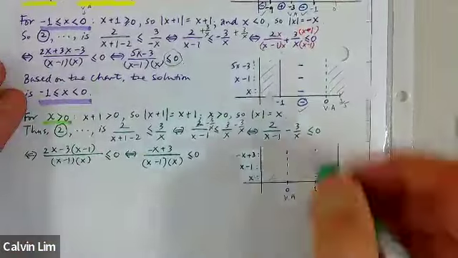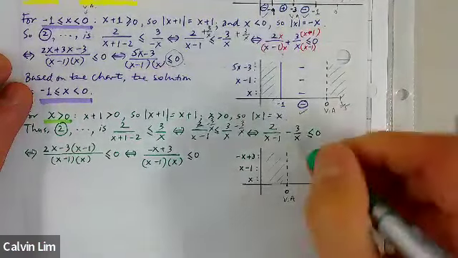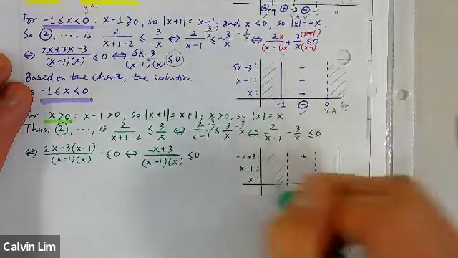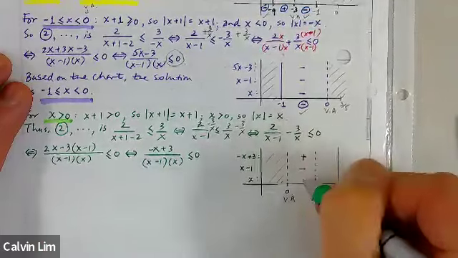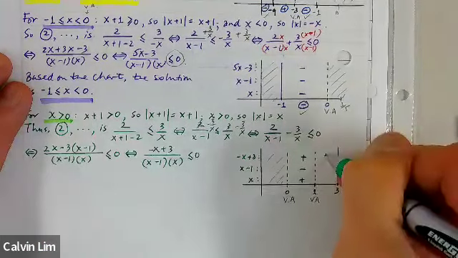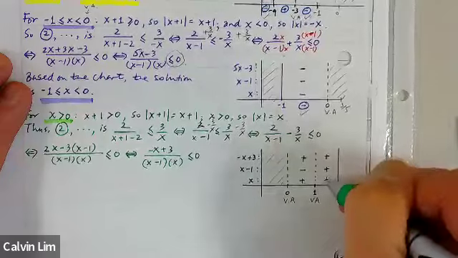Okay, so now we populate the chart with pluses or minuses. Between 0 and 1, negative x plus 3 is positive, this is negative, this is positive. Between 1 and 3, this is positive, this is positive, and this is positive.